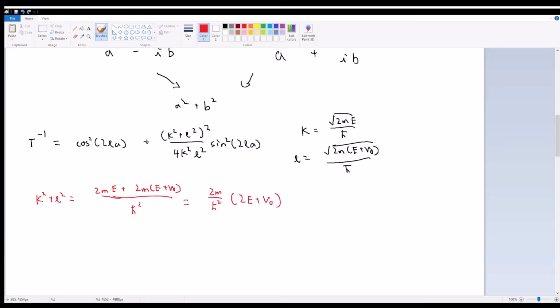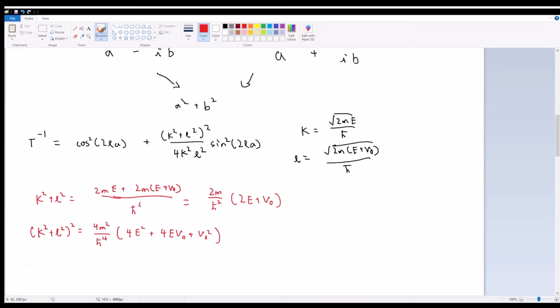Is that correct? Yes. Okay, so if we then square this, (K squared plus L squared) squared is going to equal 4m squared over h bar to the 4th times (2E plus V naught) squared, which is going to be 4E squared plus 4E V naught plus V naught squared.